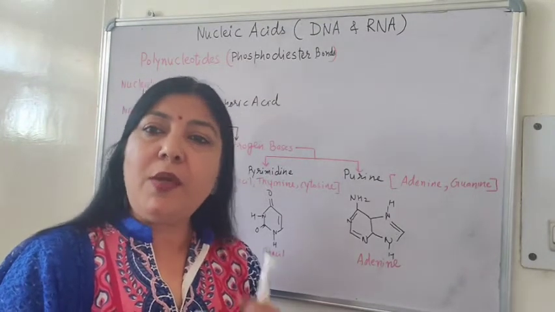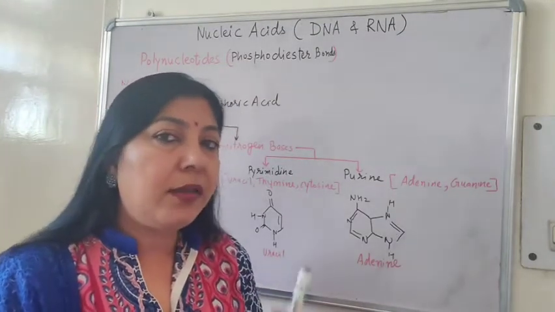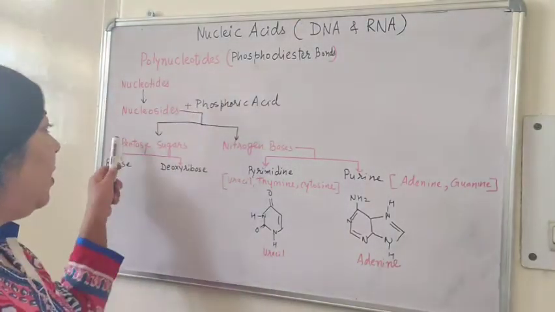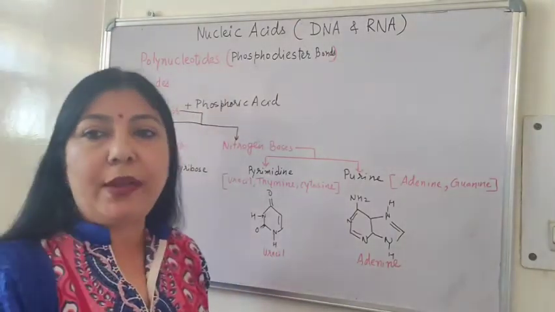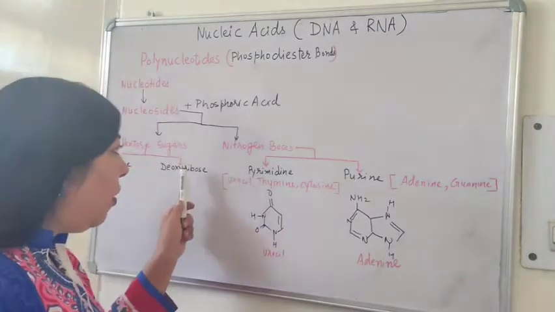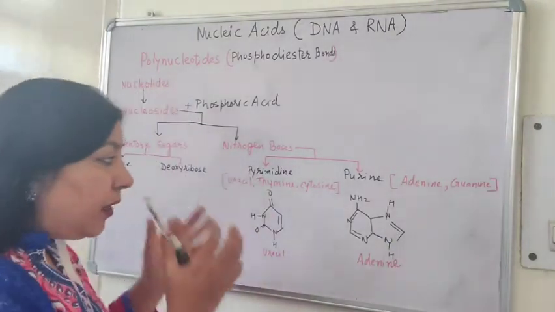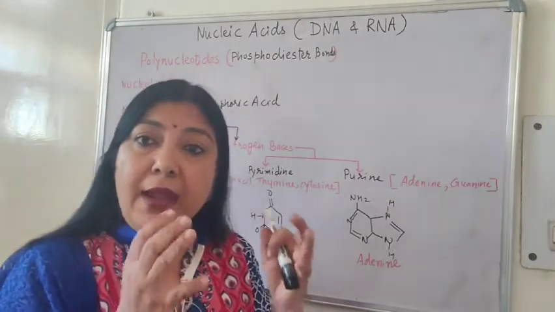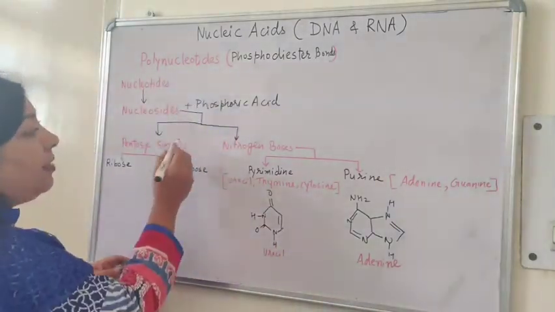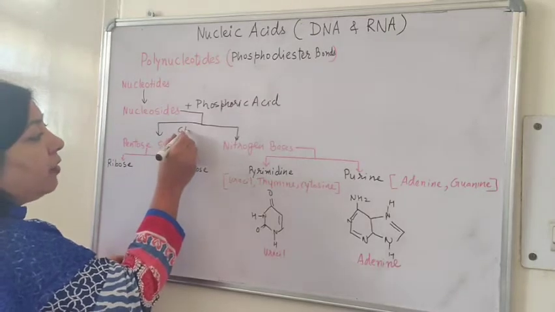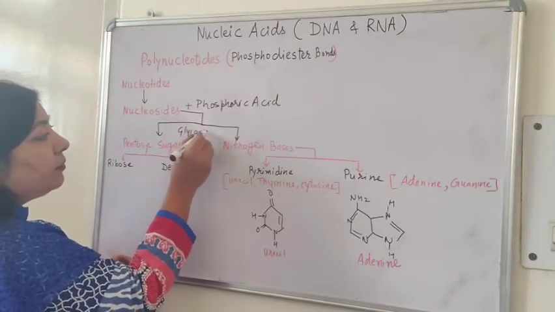Nucleosides are also big molecules which are the combinations of a specific type of pentose sugar along with nitrogen bases. And these pentose sugar and nitrogen bases, they are held together by glycosidic bonds.